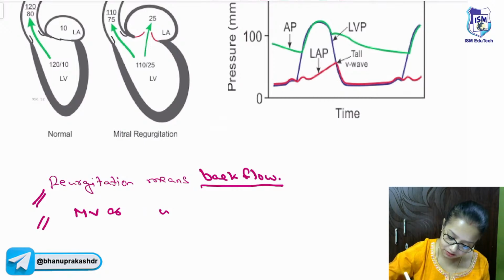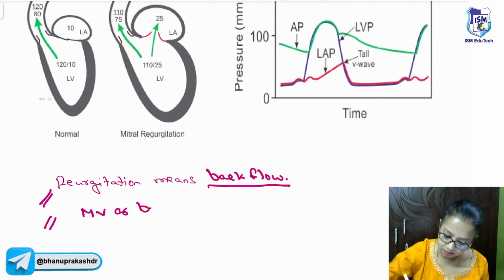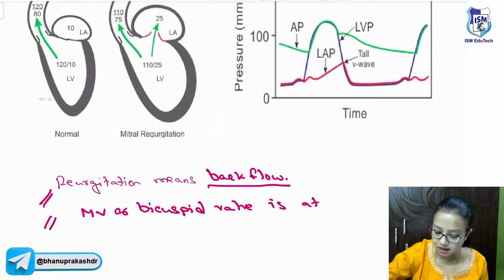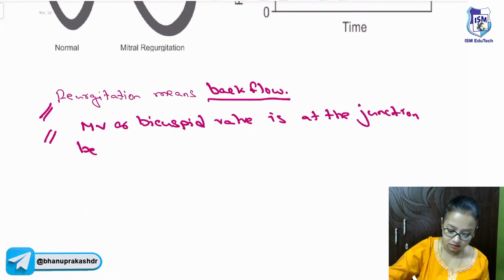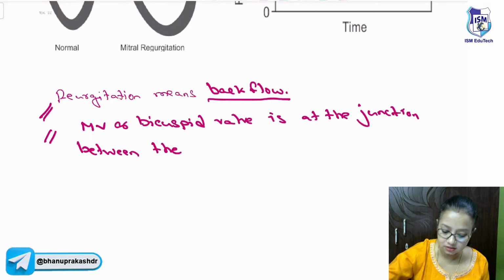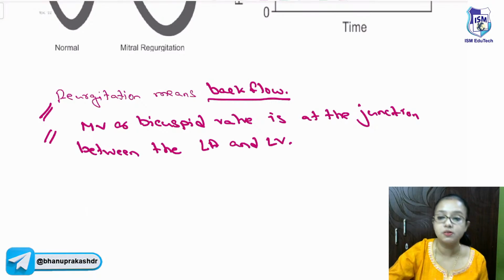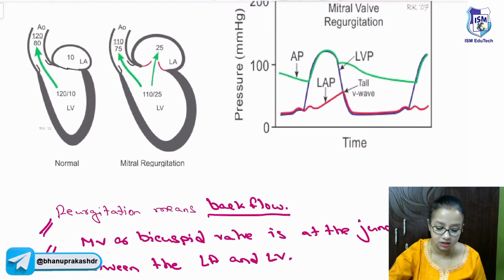Mitral valve or the bicuspid valve is at the junction between the left atrium and left ventricle. This is where it is anatomically located.